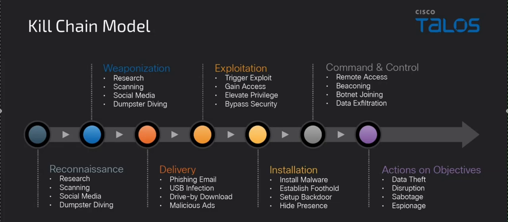The first stage is reconnaissance, and reconnaissance in the diamond model is resources. Resources is information about the targeted asset. That's a way you can compare, adopt and apply the kill chain model layers with the diamond model.